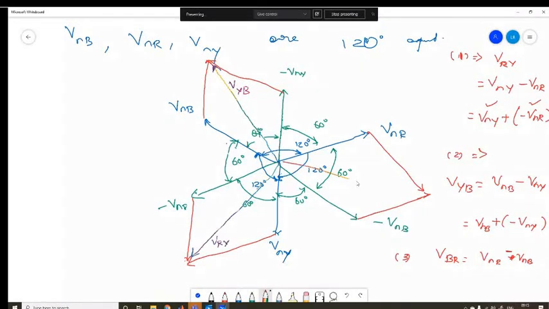So now we know what is the angle between, let's say for the example, VRY, the angle between your VNY and your V minus VNR is known to you. That is 60 degree. Now let us apply this in the formula that we have put in the previous page.